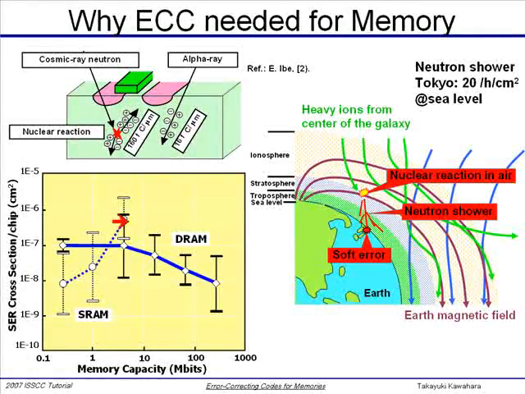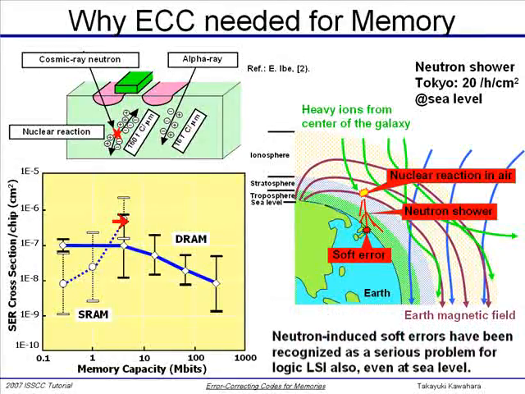Also, in the ISSCC, some reported that neutron soft errors have been recognized as a serious problem for logic. In logic, such large electron-hole pairs cause a problem. So such a problem shows we need ECC.